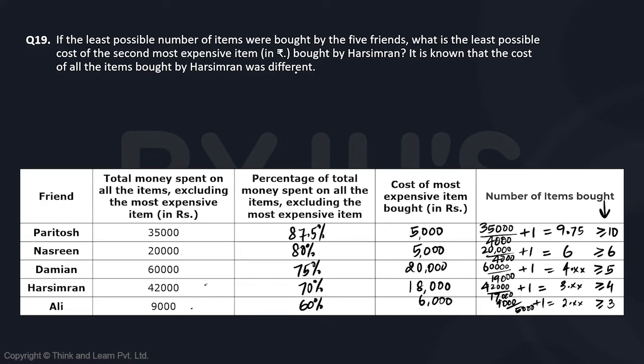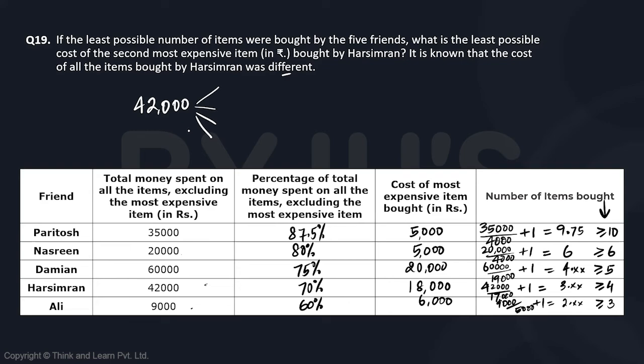So Har Simran has to spend a total of 42,000 rupees in order to buy 4 items, and we want these 4 items to be different. And we also need to figure out the least possible cost of the second most expensive item.